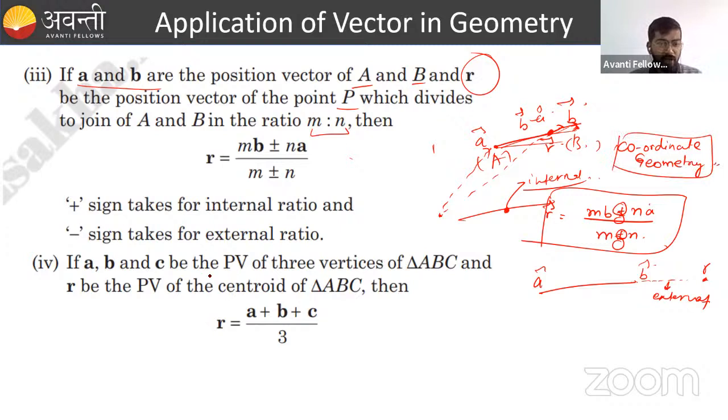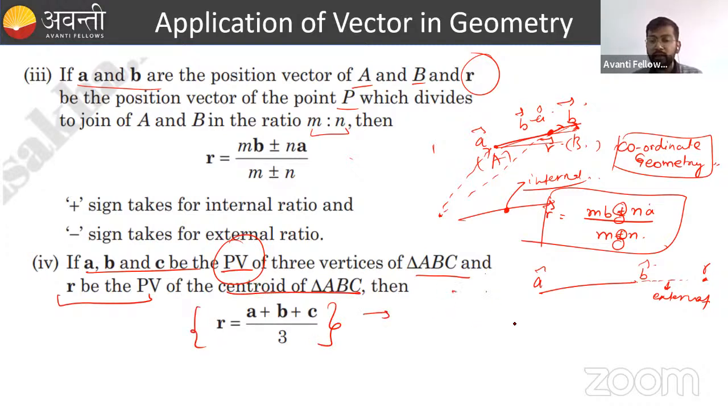Okay, if A, B, C are the position vectors of the three vertices of triangle ABC and R bar is the position vector of the centroid, then this also we have studied in coordinate geometry, right?